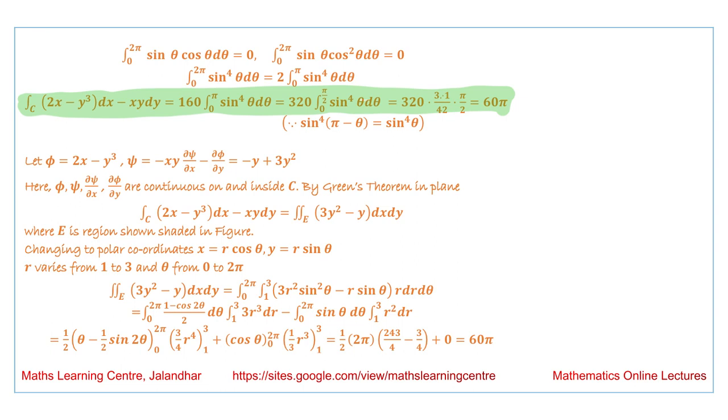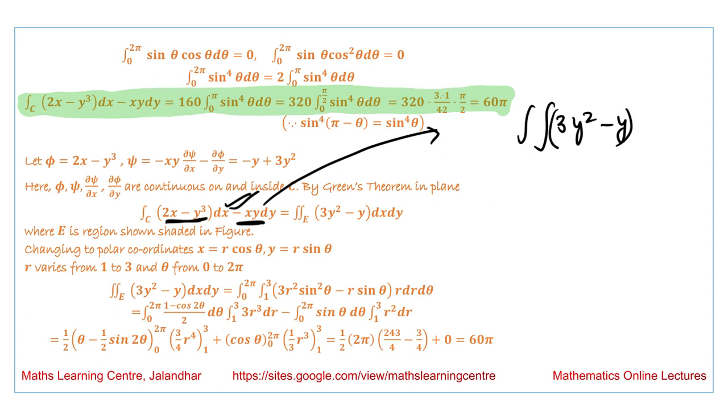Now in the second case we use Green's theorem to evaluate this integral. This changes to the double integral of the partial derivative with respect to x of minus y, and the partial derivative with respect to y of 3y squared, with a minus sign, so this becomes the double integral of (3y squared minus y) dx dy.